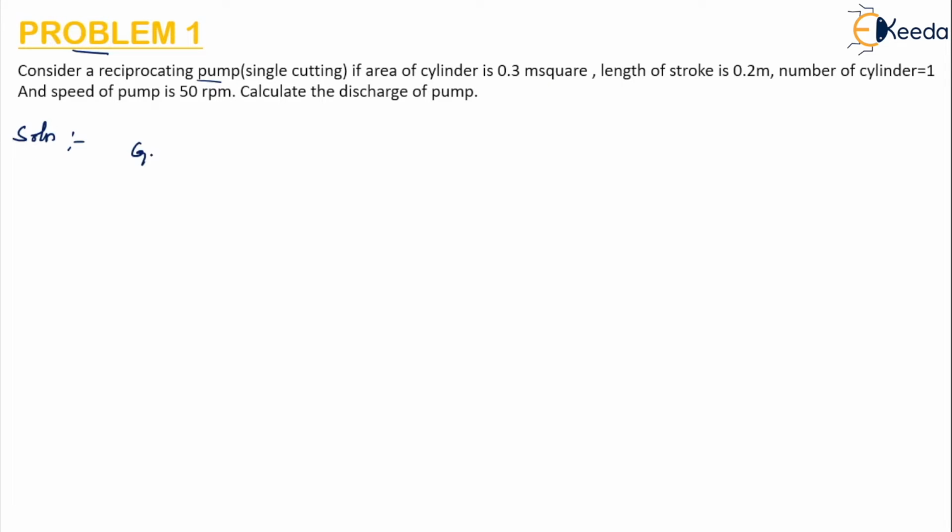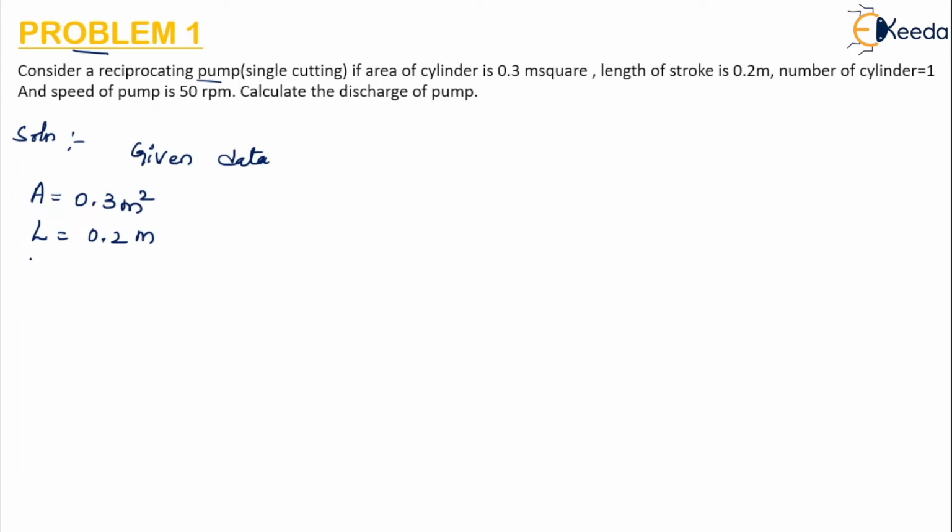Solution, given data. So what is the data given? They have given the area of the cylinder as 0.3 meter square and the length of the stroke, that is capital L, is 0.2 meter.